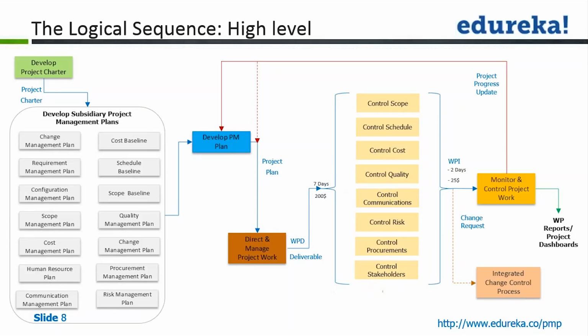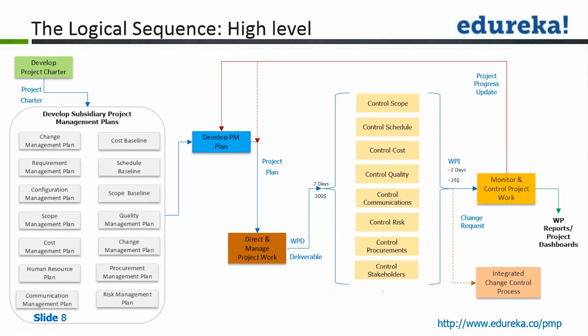This change request can be for preventive action or for corrective action. That request will go to your integrated change control process, where the change control board will review it and decide whether to approve or not based on the impact this change may have on other elements of the project.